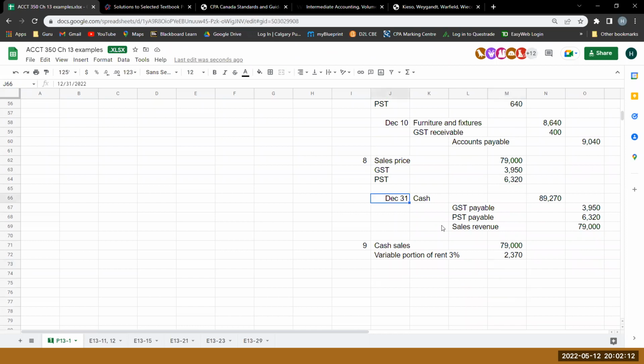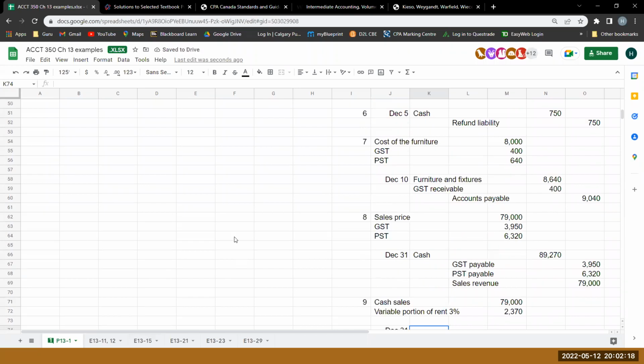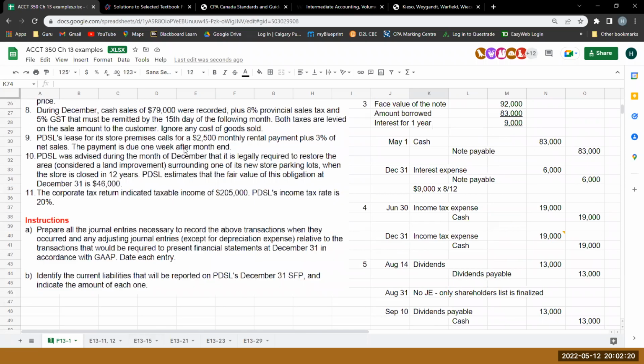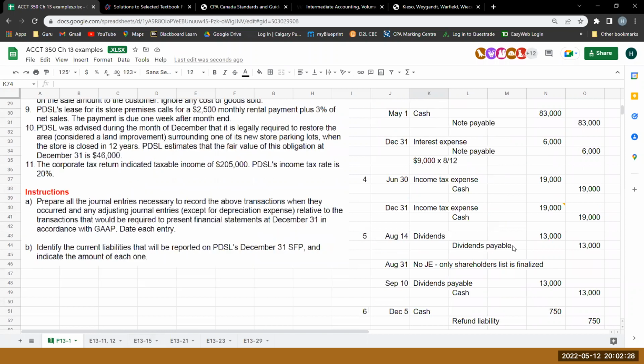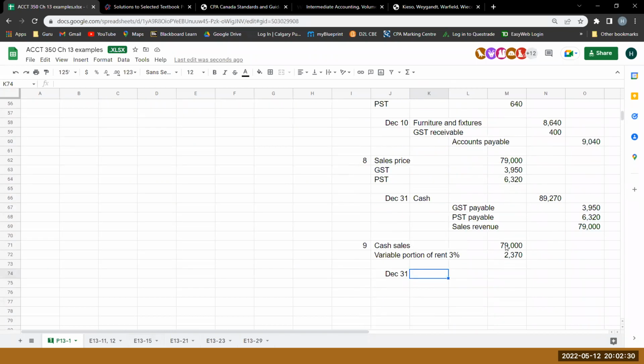Total rent that we have to record, and it's not something that we are paying right away. It's payable because we'll have to pay the rent 1 week after the month's end. So after the month of December has ended, 1 week after that is January 7th. That's when the actual payment is going to happen. So as of December 31st, you're going to debit rent expense.